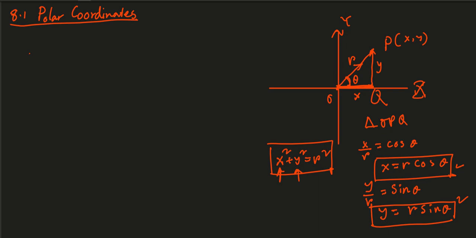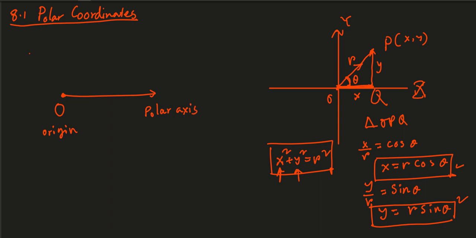A polar coordinate system consists of a fixed point and a polar axis. Let's say we have a ray like this. This is the starting point, but it has no ending point. This fixed point is O, and we're saying this is the origin, and the ray we call the polar axis.